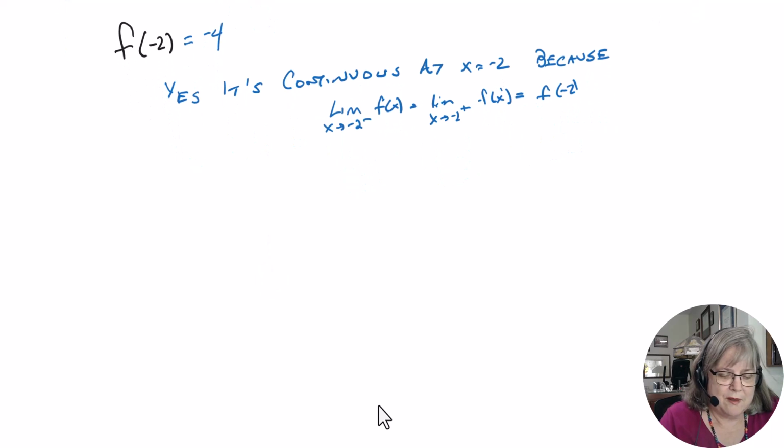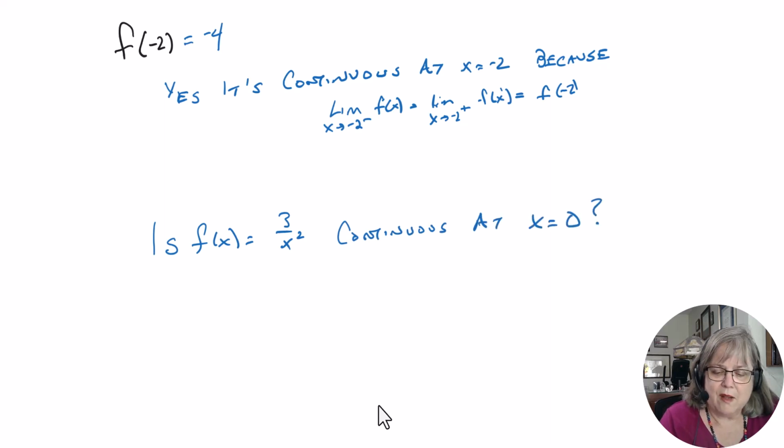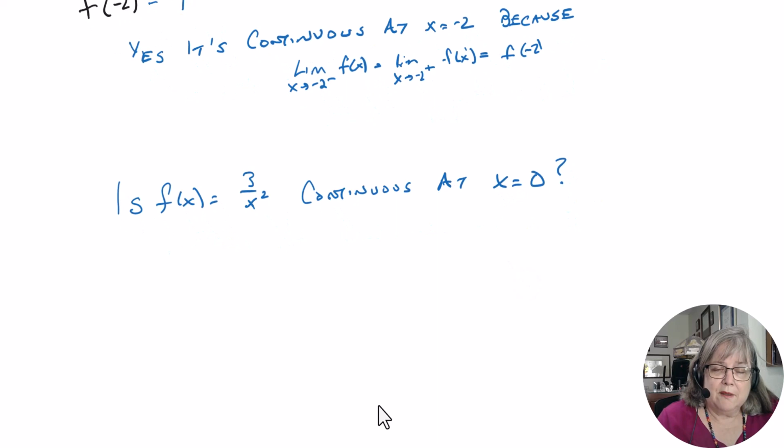Let's do this one. Is f of x equal to 3 over x squared continuous at x is equal to 0? All right. So you can't reduce it, you can't sub it in, there's nothing you can do, so you're going to have to sneak up on it anyway, because of the definition.